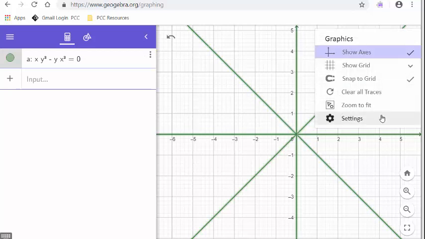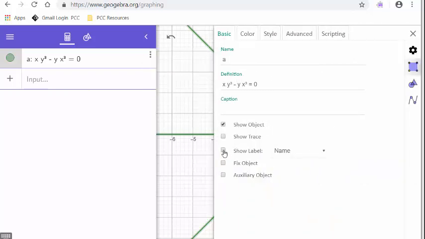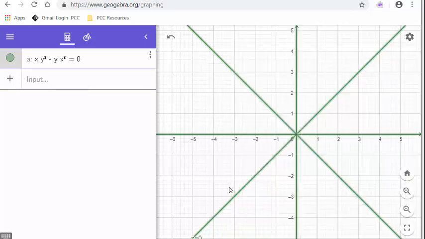I want to go ahead and open settings, show label. I'm going to give it a caption of z equals 0. Right there, we've got that caption.